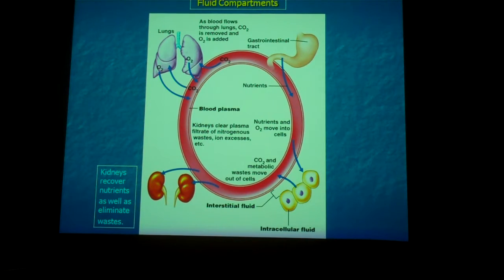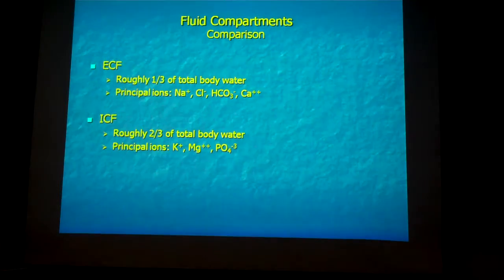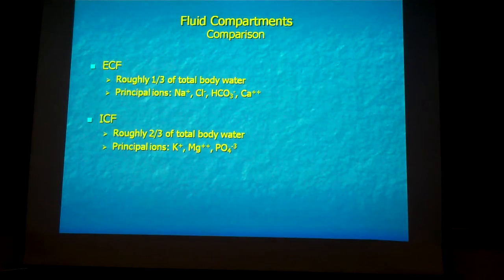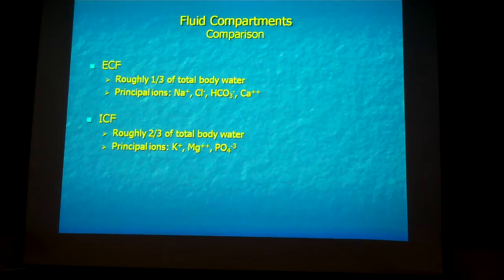This is just another way of stating this, and you're well familiar with this by now. So as we said, most of our water is intracellular, so roughly 2/3 of our body water is intracellular, about 1/3 is extracellular.